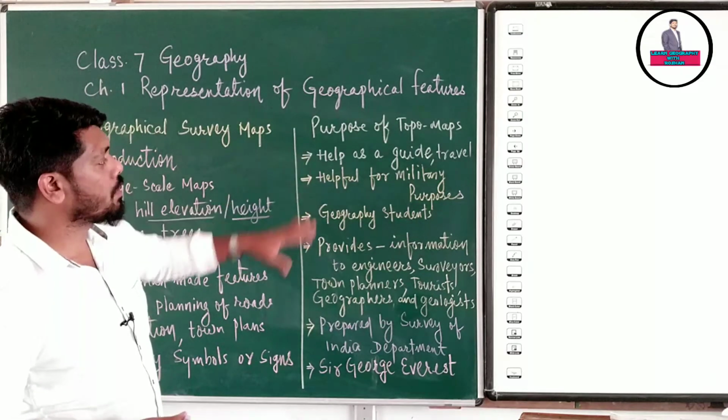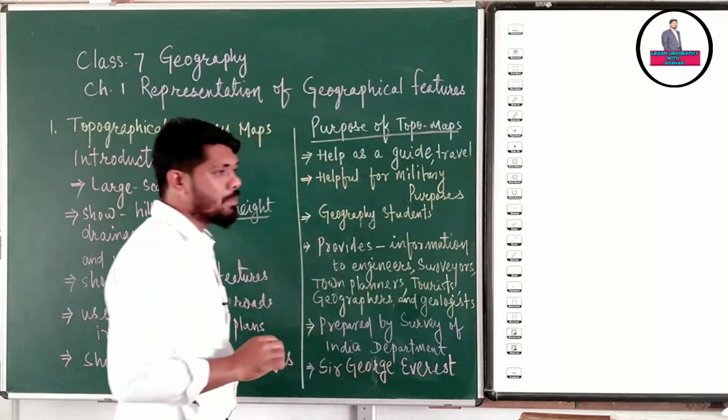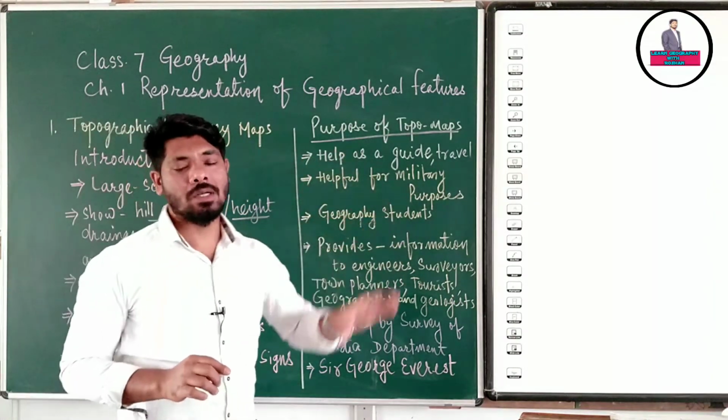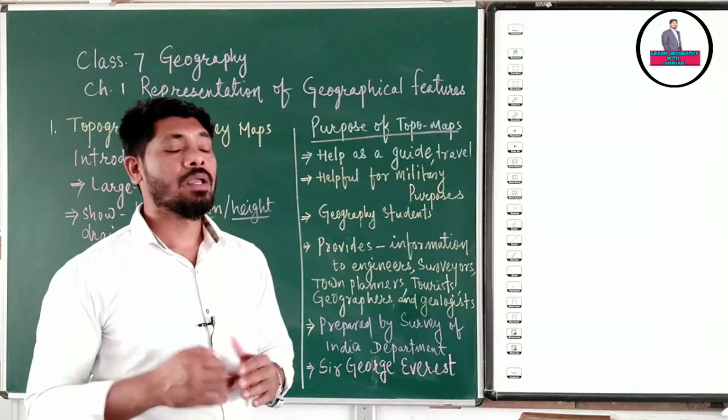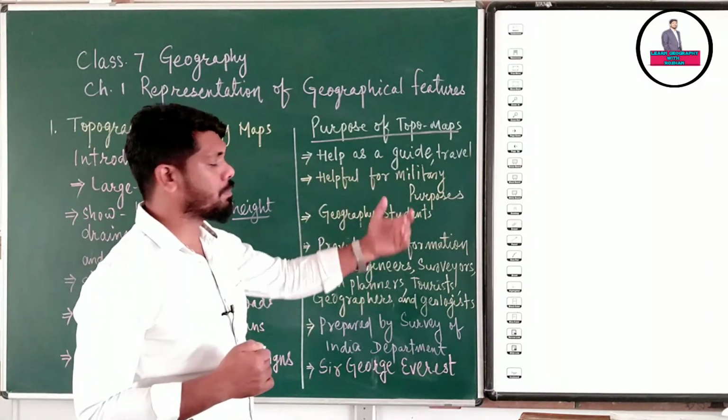Then, what is the purpose of topographical maps? The purpose of a topographical map is that it helps as a guide for travel. It may help travelers. Then it is helpful for military purposes.